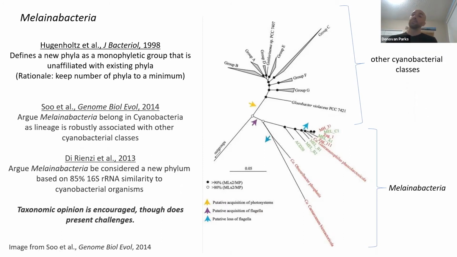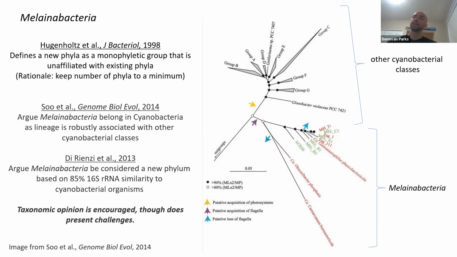Both opinions have been put forth in the literature, and I wanted to go over that so you can see that there are indeed differences in taxonomic opinion, and this is part of the process in our field. The first paper here is by Su et al. from 2014. Full disclosure, I'm a co-author on that paper. This paper adopts a definition by Phil Hugenholtz, proposed back in 1998.